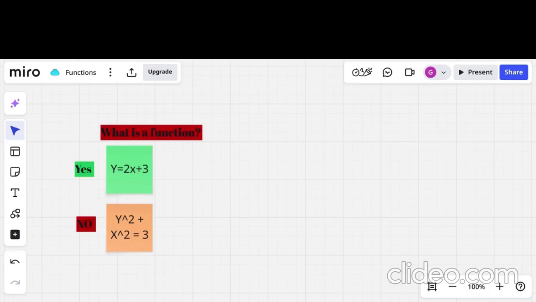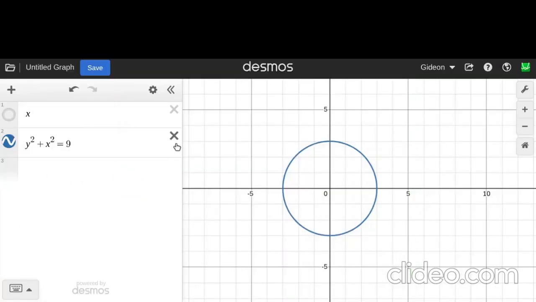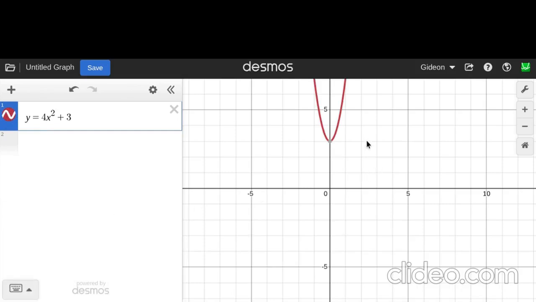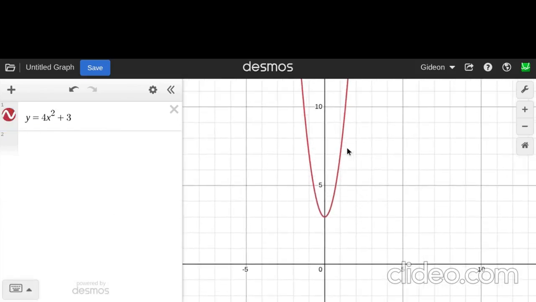Finally, one of the most important parts is actually how to evaluate a function. All you have to do, it's really simple, is say you're asked to evaluate y equals 4x squared plus 3. If you have a graph, you just go to the point it's asking.